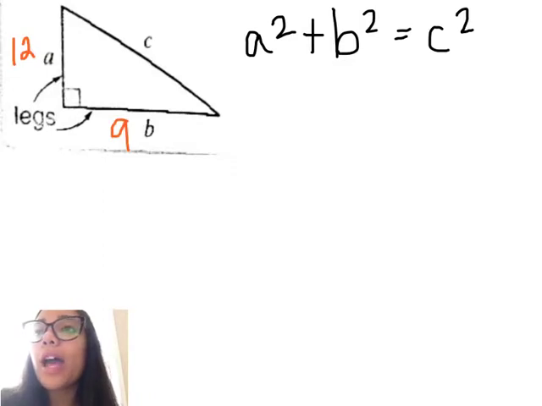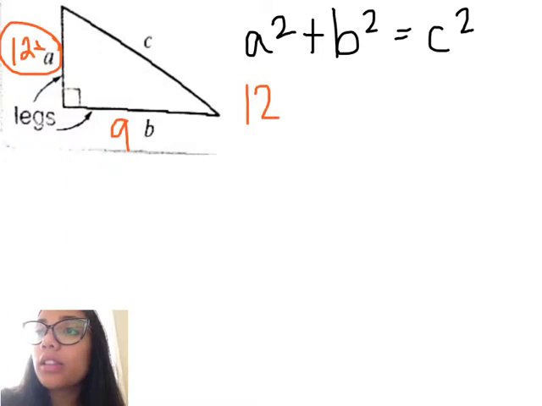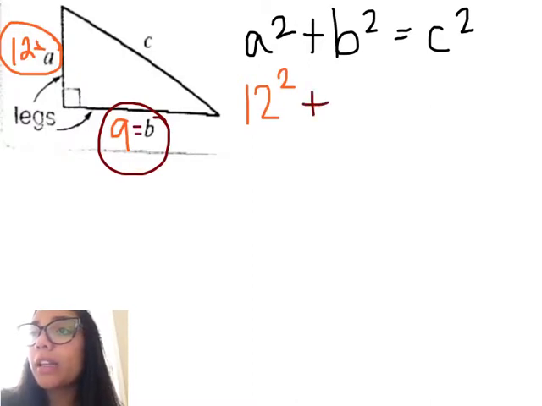Okay, well, I have over here, now I need to evaluate what I know. 12 equals A, so I need to plug in 12 where A is, squared, plus 9 equals B, so then I plug in 9 squared, which will equal C squared.